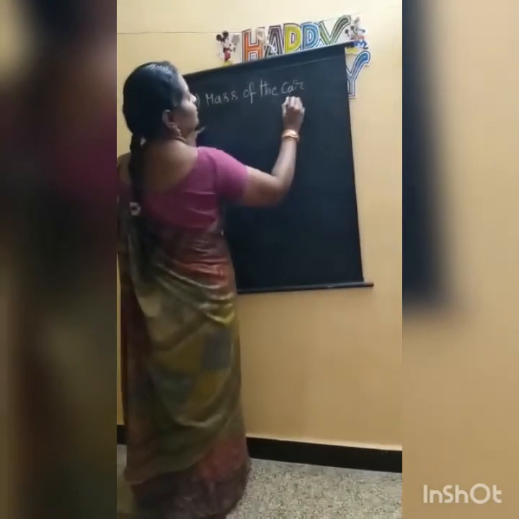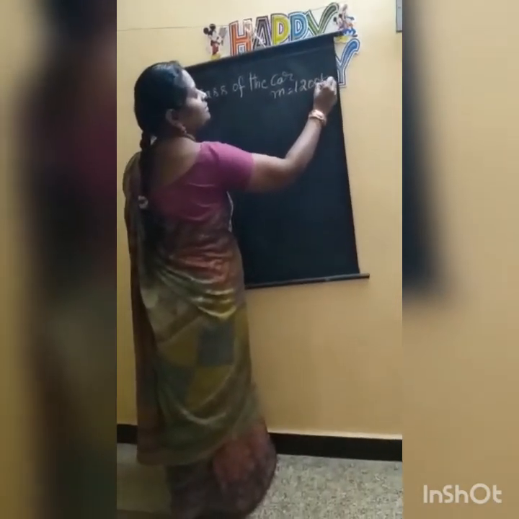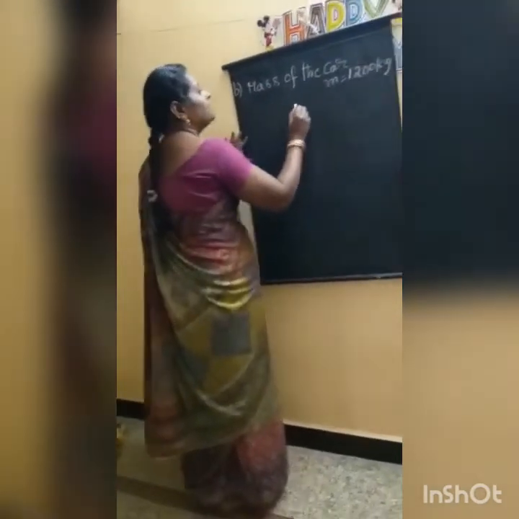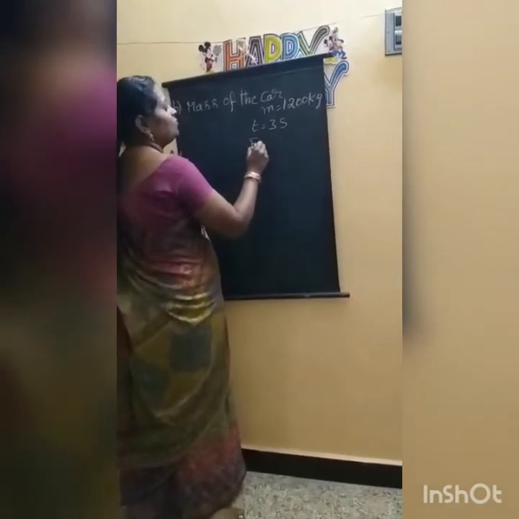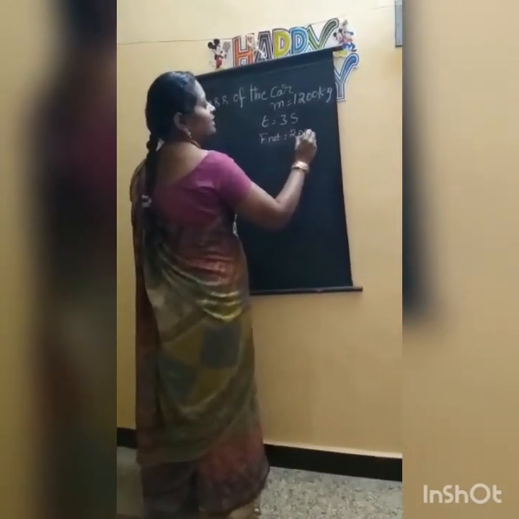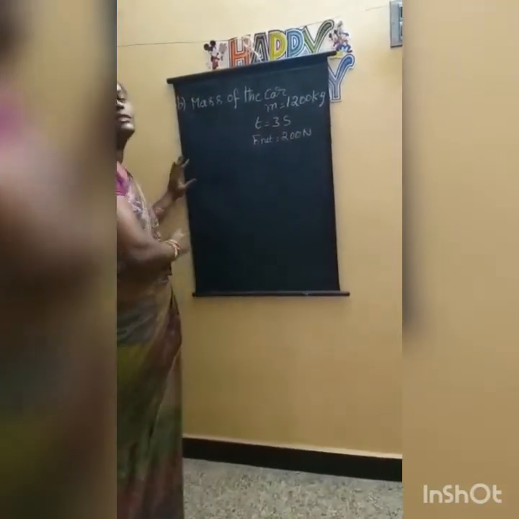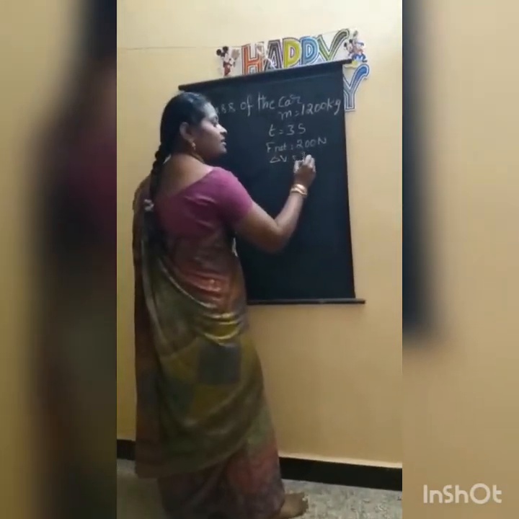Mass of the car, m equal to 1200 kgs. Time, t equal to 3 seconds. Force, F net equal to 200 newtons. Now we find out the change in velocity, that is delta V.